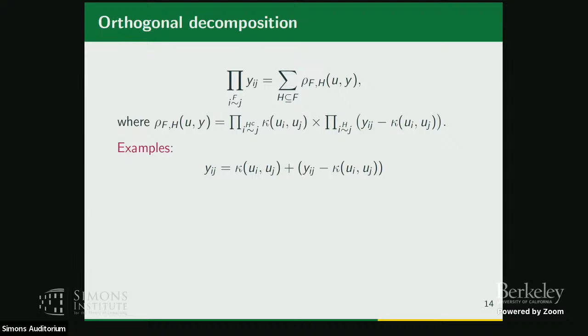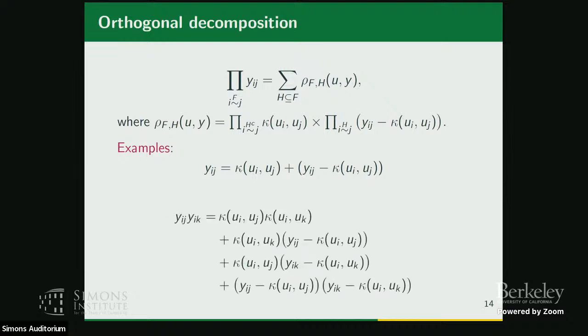So let's say you have just an edge. This is very simple. You can just add and subtract its conditional mean. So here you have H to be the empty set, and H here has just one edge. Now, when you have two stars, where I is connected to J and I is also connected to K, then also you can give an exact equality.